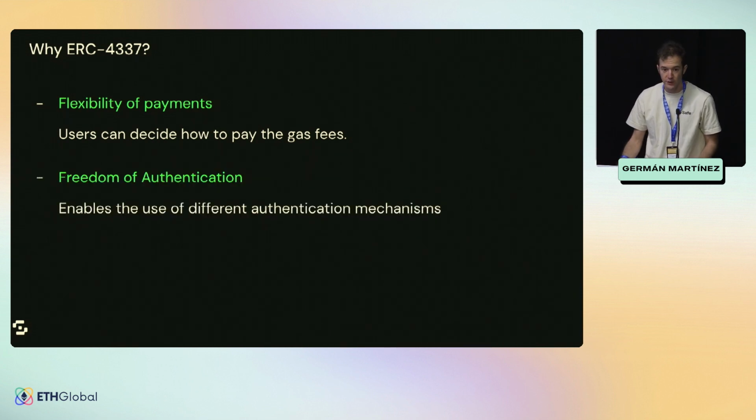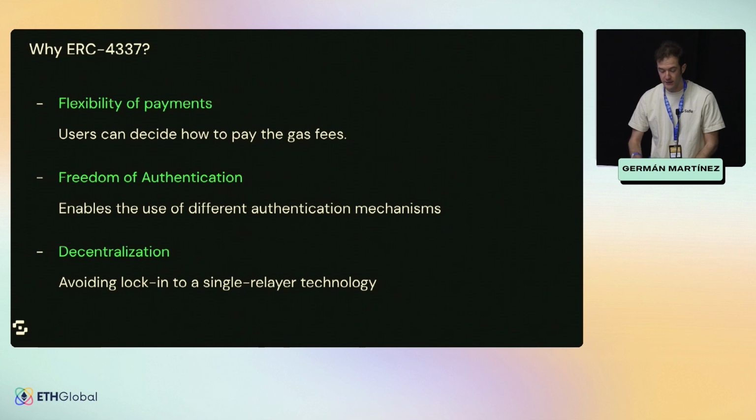There's also freedom of authentication, because it enables different ways of authentication, like multi-signature or passkeys, or maybe quantum-proof mechanisms. And also, it provides decentralization, avoiding the lock-in of a single relayer technology by supporting different accounts and different providers.